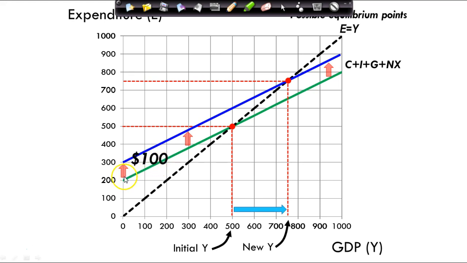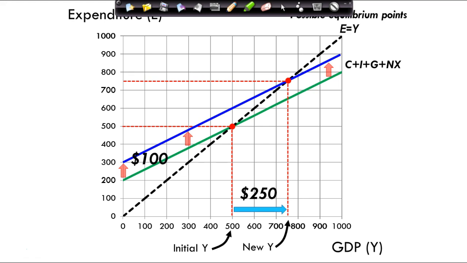All right, the increase in expenditure of $100 million resulted in what change in income? See, income rose from 500 million to 750 million. That's an increase of 250 million. A 100 million increase in expenditure resulted in a $250 million increase in income, the value of production.